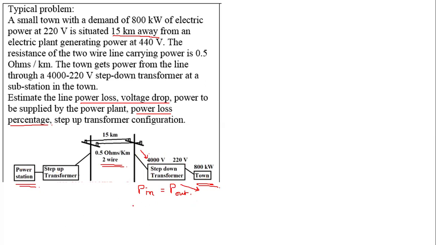So on this side, if I write voltage into current is equal to this 800 kilowatt, sorry. V is given as 4000.